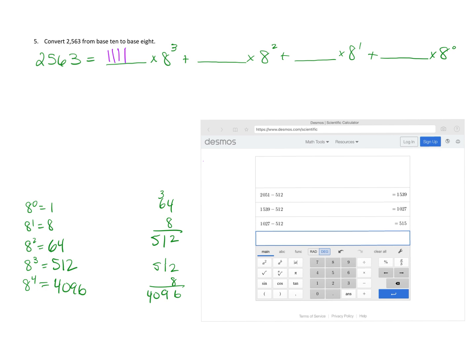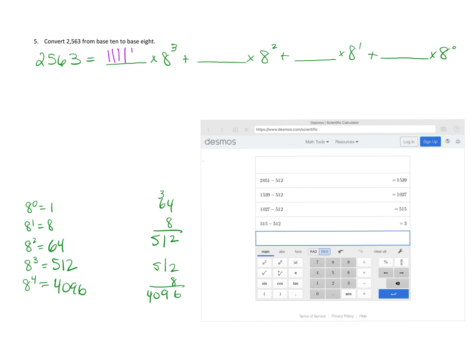I have 515, which means I can subtract one more 512 and still have some left over. So 515 minus 512, and I get 3.